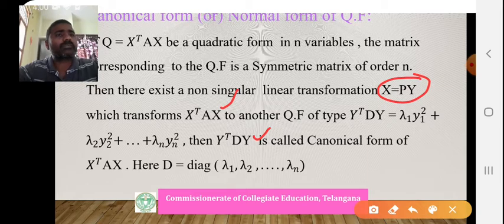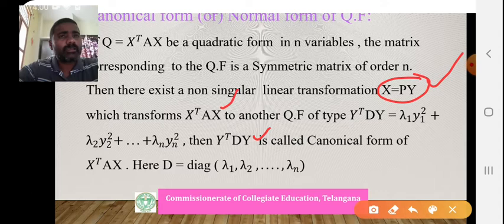Reduction to canonical form: it is reduced to a sum of squares, with no product terms, and this form y transpose Dy is known as the canonical form. The transformation is x equals Py.